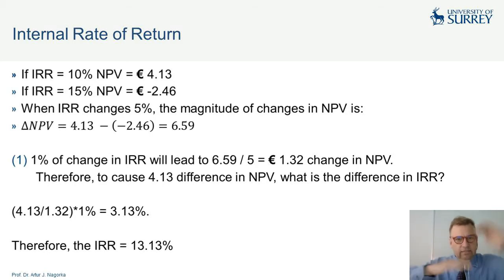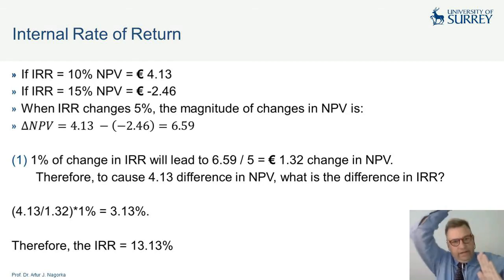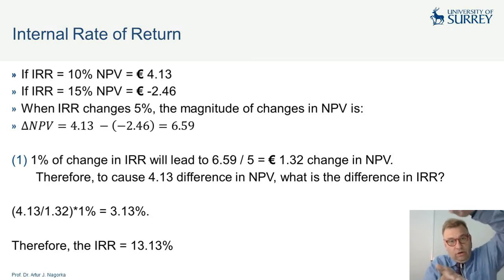Imagine a vertical aisle: 4.13, then through 0, minus 2.46. It's the distance between them. It's the delta of NPV.